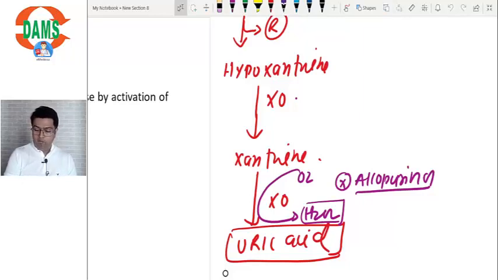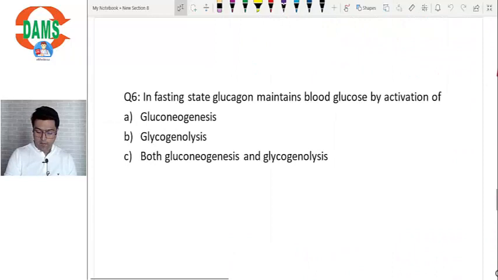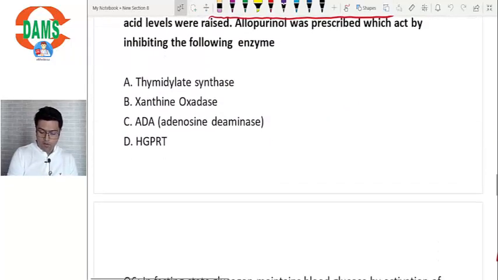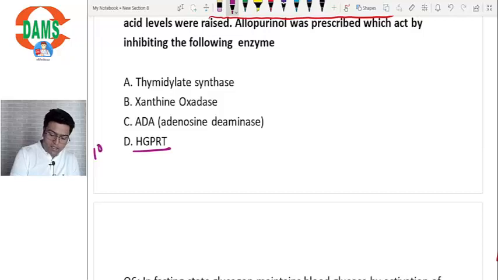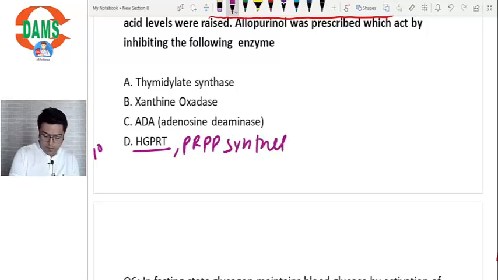And guys, what causes primary hyperuricemia and secondary hyperuricemia? Primary hyperuricemia is caused by the deficiency of one of the enzymes, HGPRTase. There may also be overactivity of the enzyme PRPP synthetase.